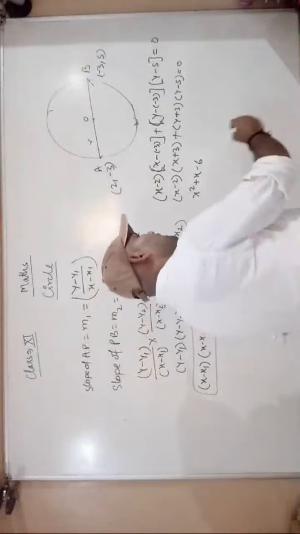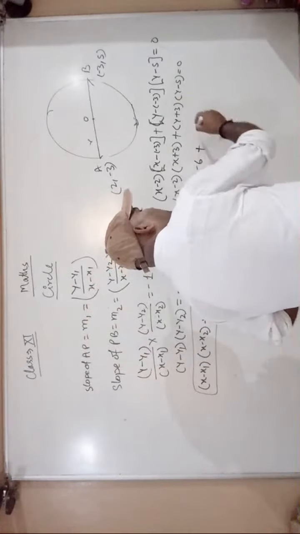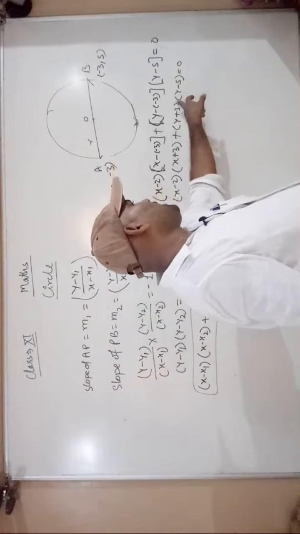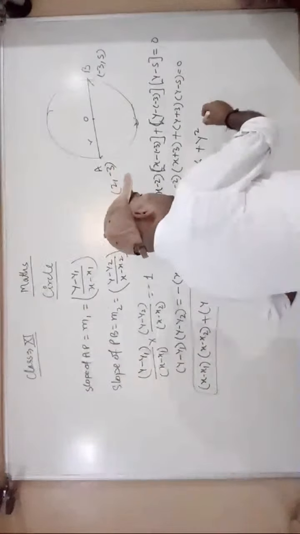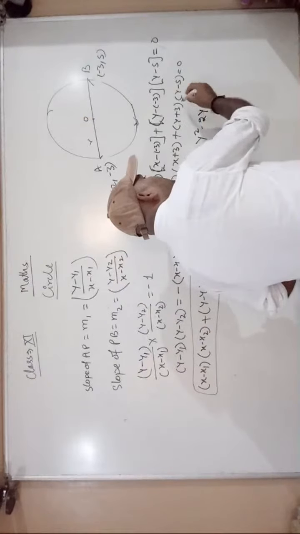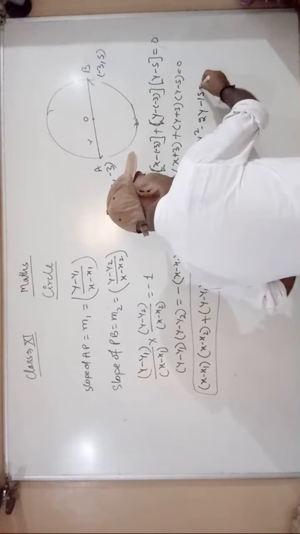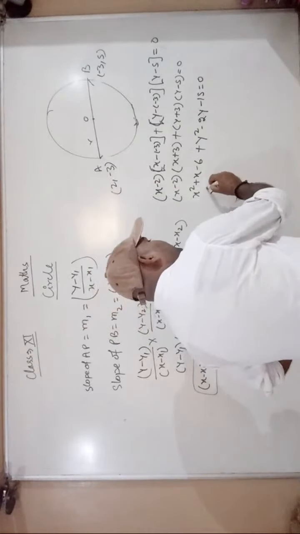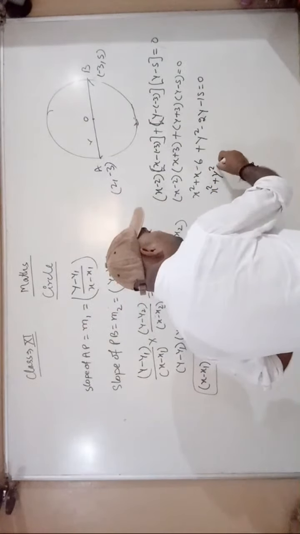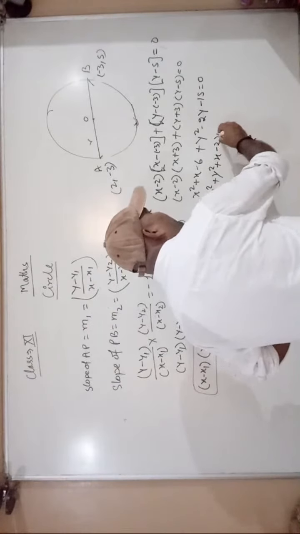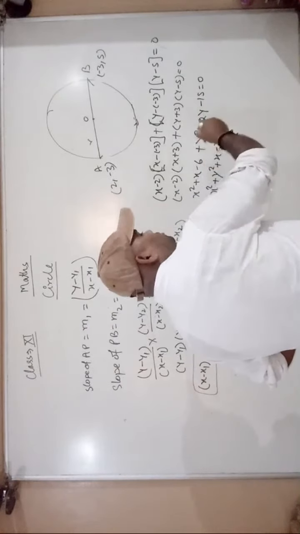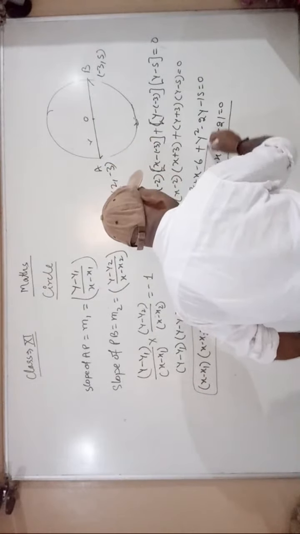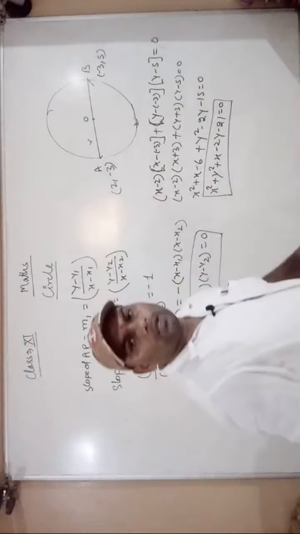Again y into y is y square, then y into minus 5 and y into 3, minus 5 plus 3 becomes minus 2y, and minus into minus 15 is equal to 0. This becomes x square plus y square plus x minus 2y, and these two are negative terms, so they will be added, 21 is equal to 0. This one is the equation of the circle.